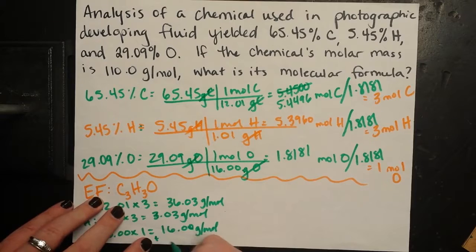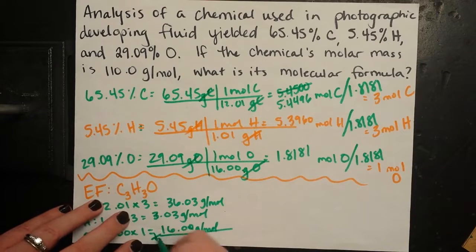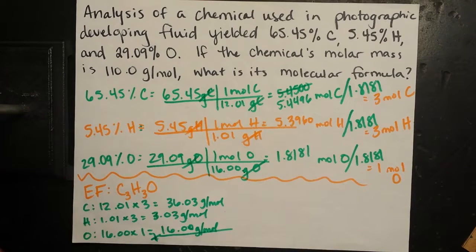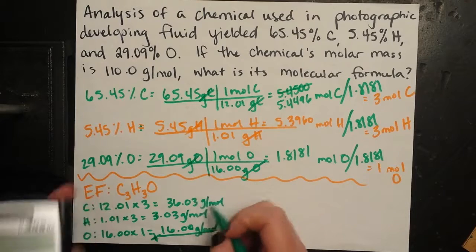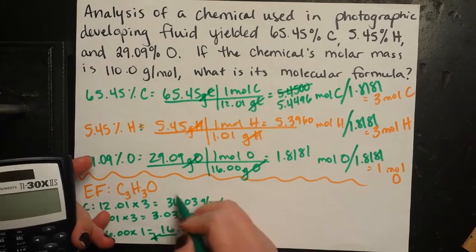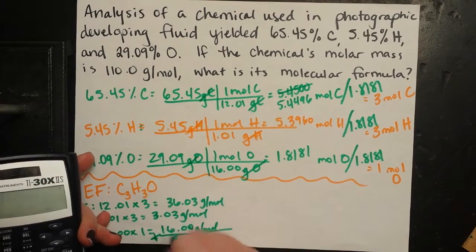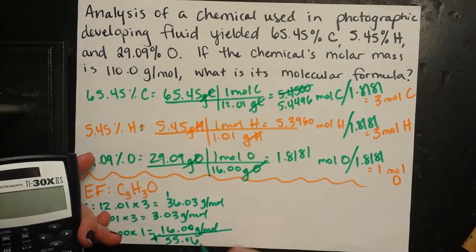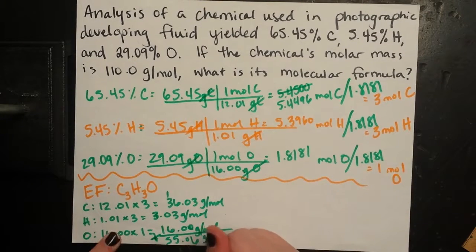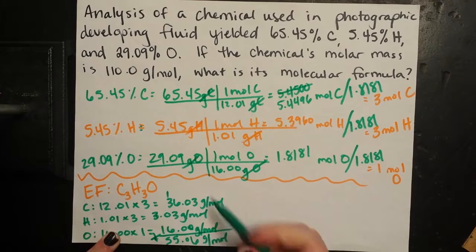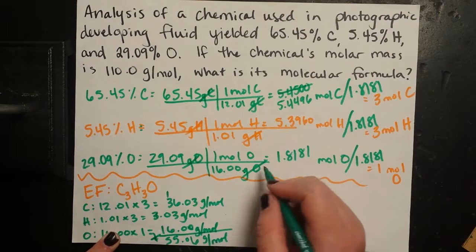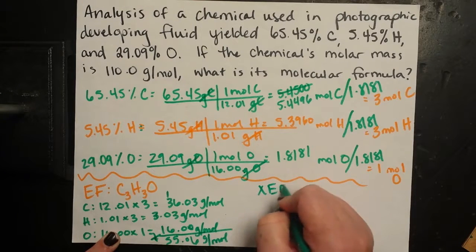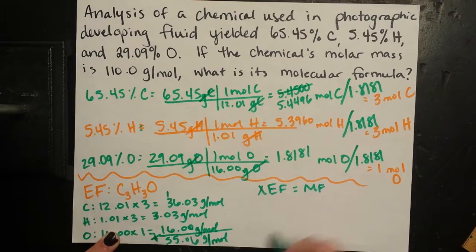Okay, if I add that up, I'm going to get 55.06 grams per mole. All right. Now I can say that X times my empirical formula is equal to my molecular formula.